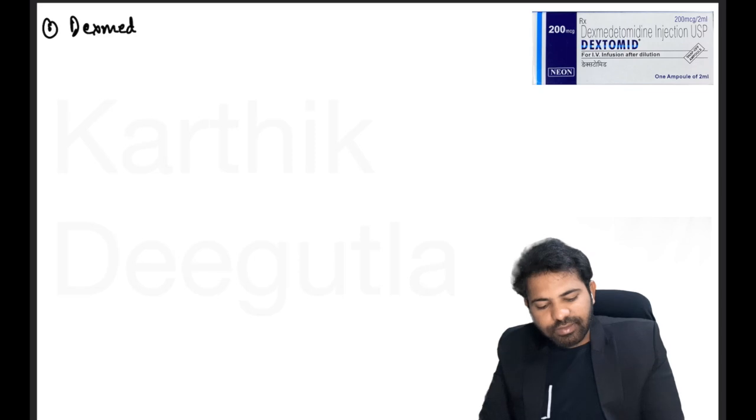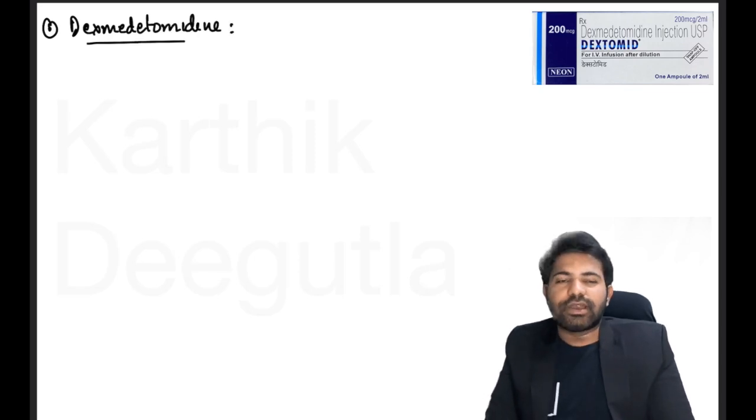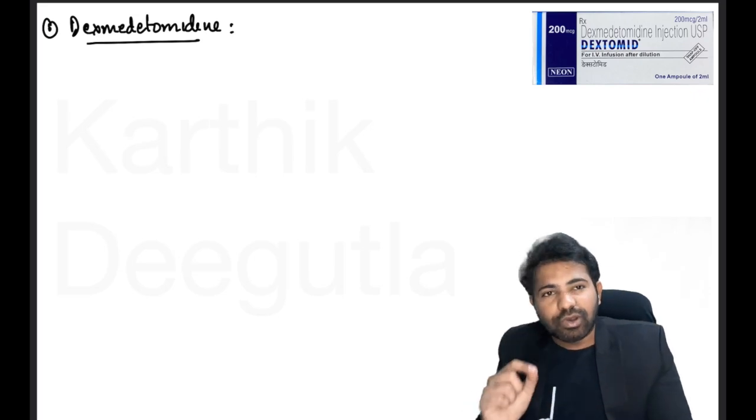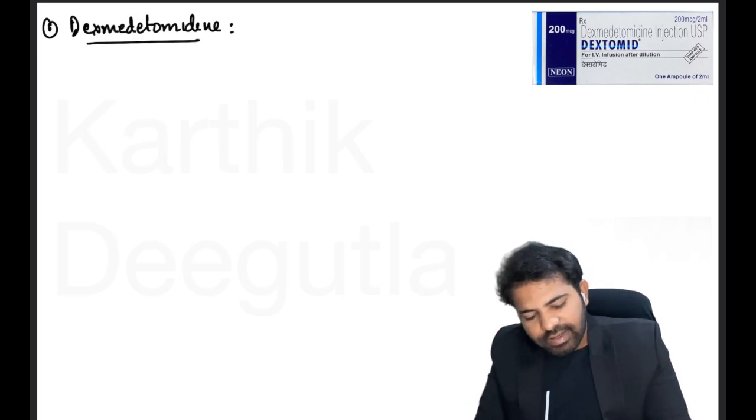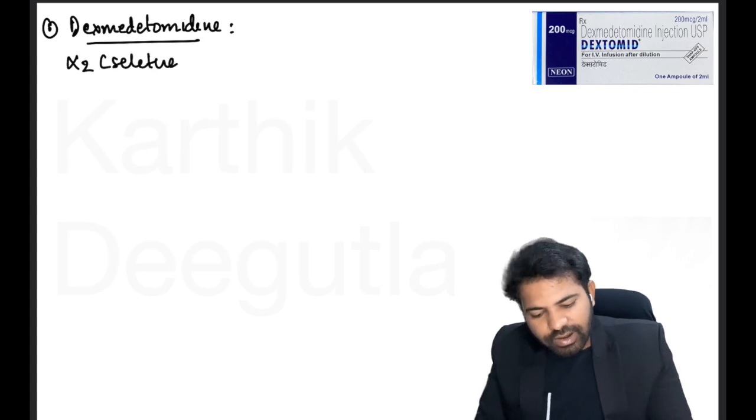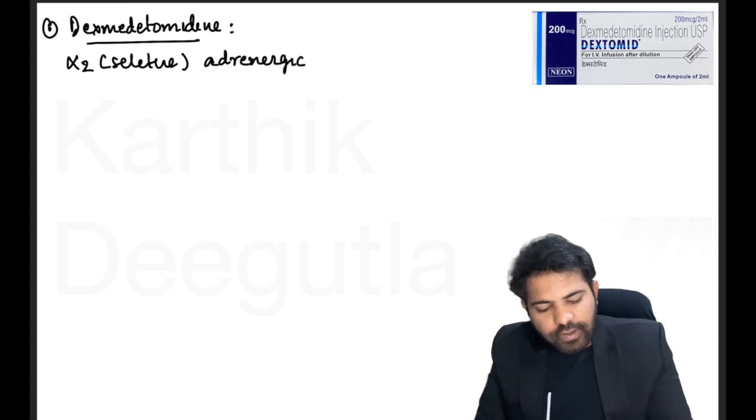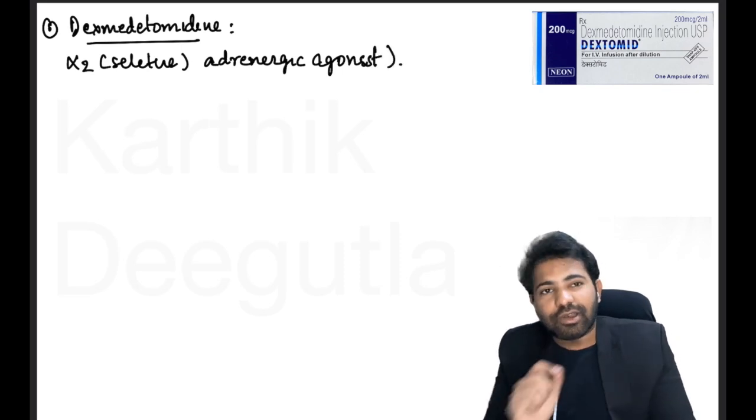Dexmedetomidine is an alpha 2 agonist similar to clonidine. It is a selective alpha 2 adrenergic agonist, actually highly selective than clonidine.